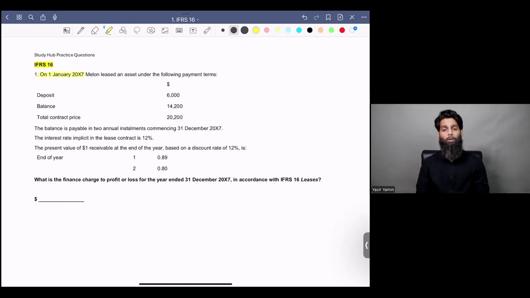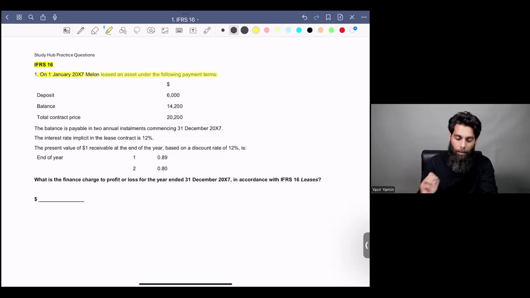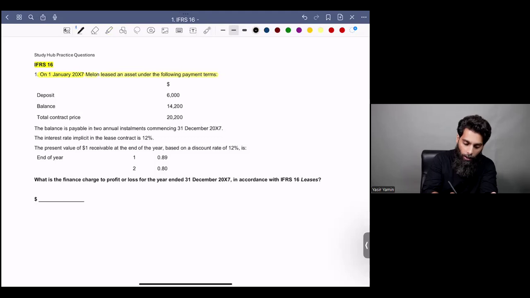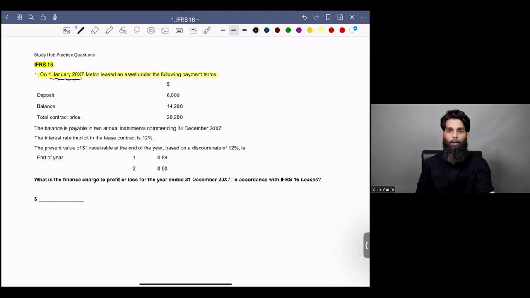Now, I always say to accountants that dates are very important for you when you're doing an exam, right? So it's on 1st January X7, Mellon leased an asset under the following payment terms. So Mellon actually leased an asset on 1st of January X7. And mind you, if I were you in that exam, I would go and see what the accounting year end is.